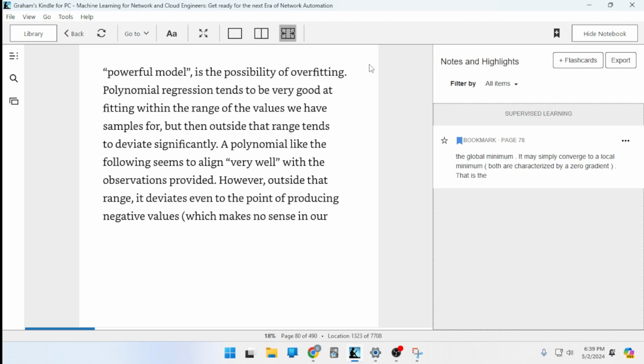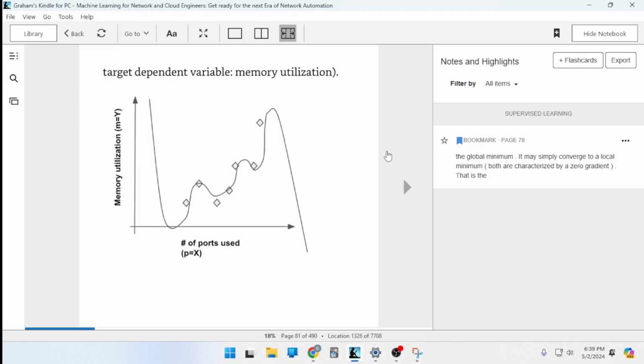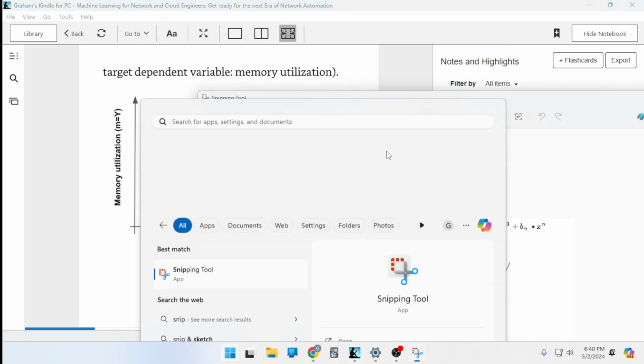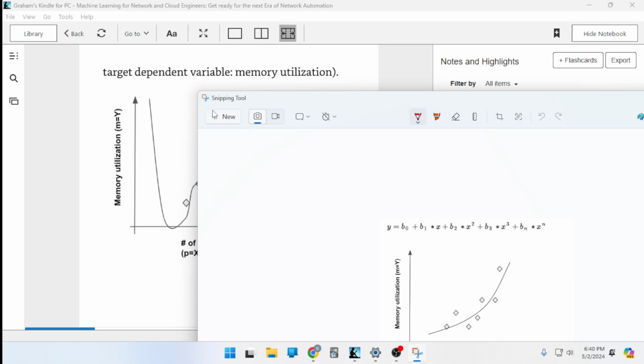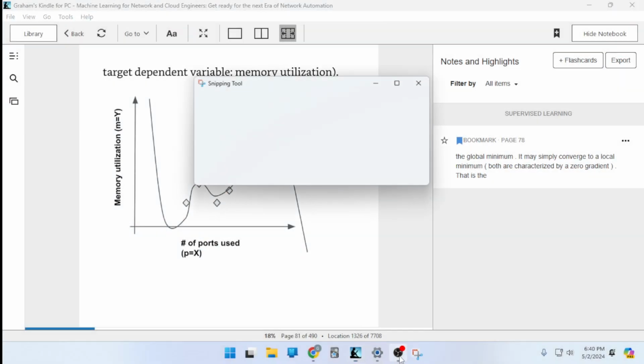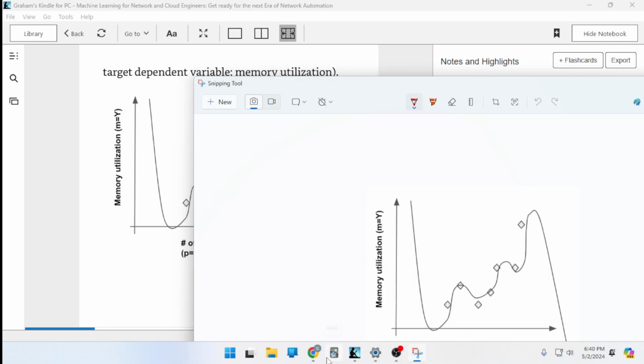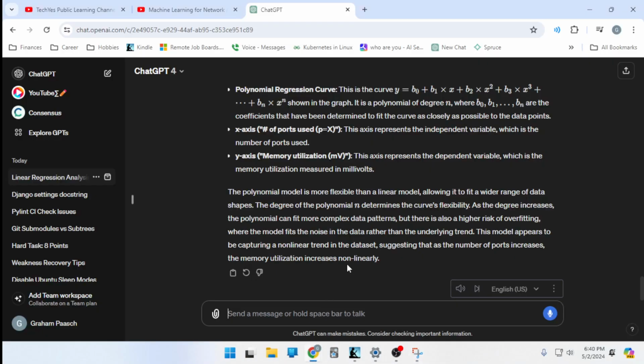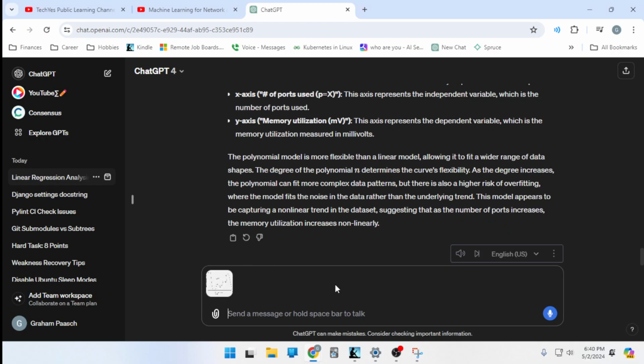However, outside that range, it deviates even to the point of producing negative values, which makes no sense in our target dependent variable, memory utilization. You can't have negative memory utilization. So it's just a model. It doesn't know what it actually is doing, so it can give you results that you don't want.